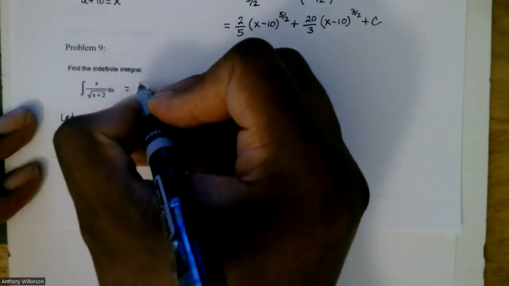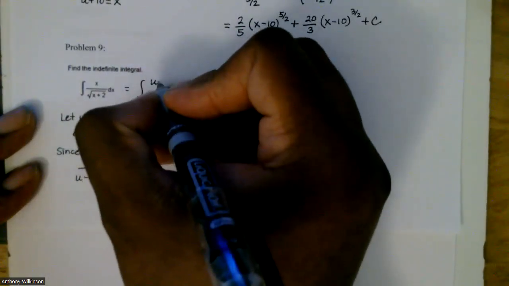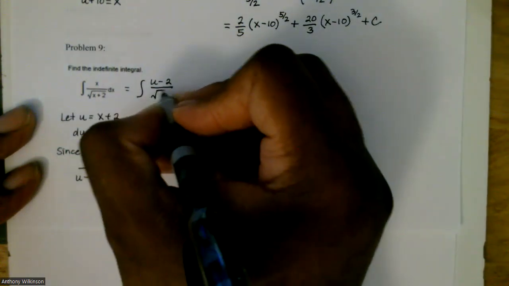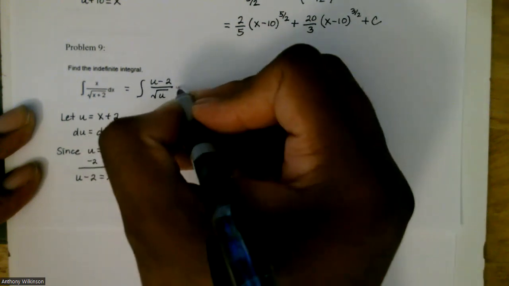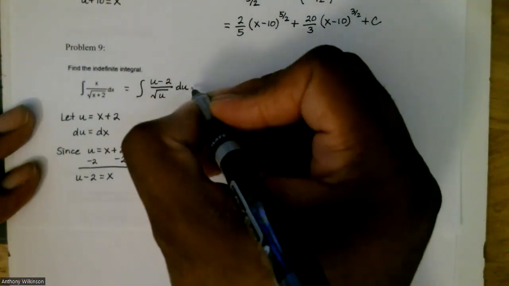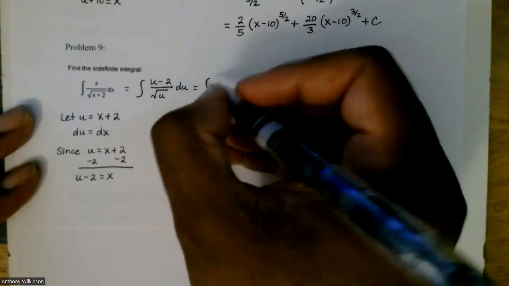So here we got the integral of that x, which will be the u minus 2, divided by the square root of x, which is u, and then dx, that's du. So that whole integral is in terms of u. Now, the square root of u is u to the 1/2 if I write that in exponential form.